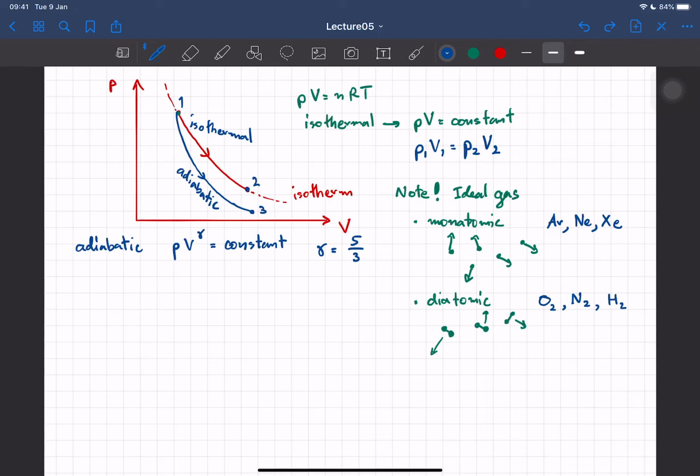You must talk about the vibrational energy because the dumbbell is kind of like a spring connecting the atoms together, so it can vibrate like this. And vibration also requires energy, right? So the discussion is a little bit more complicated. So that's why we are not talking about diatomic gas in this class. So we talk about monatomic gas exclusively.